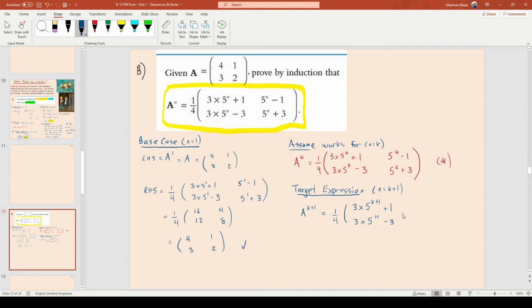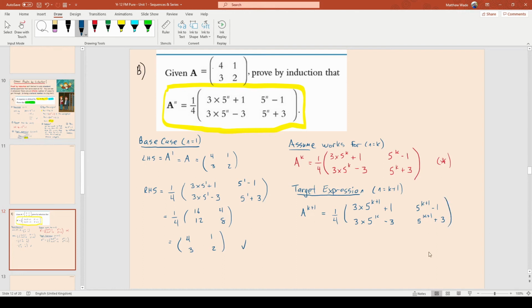Then we're going to get 5 to the k plus 1, take 1, and 5 to the k plus 1 plus 3. Okay, and that's going to be our target expression.